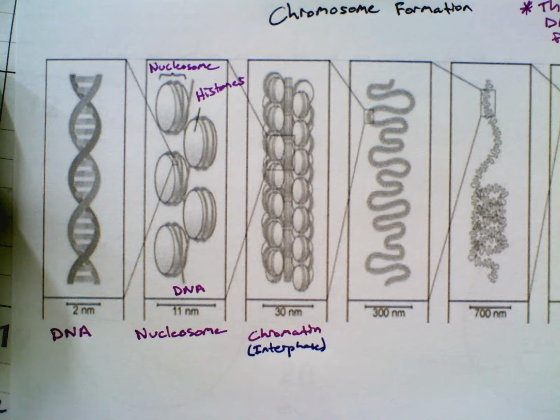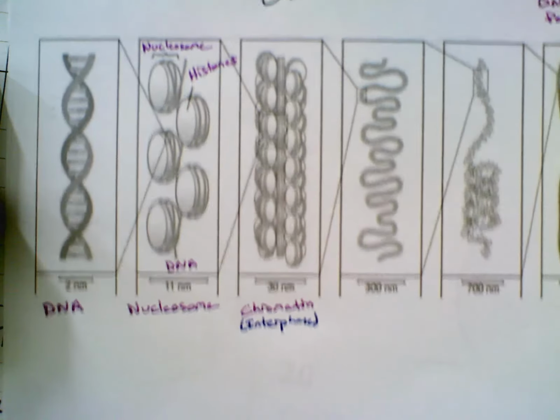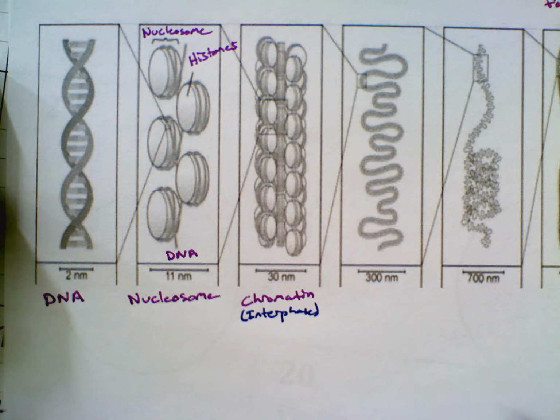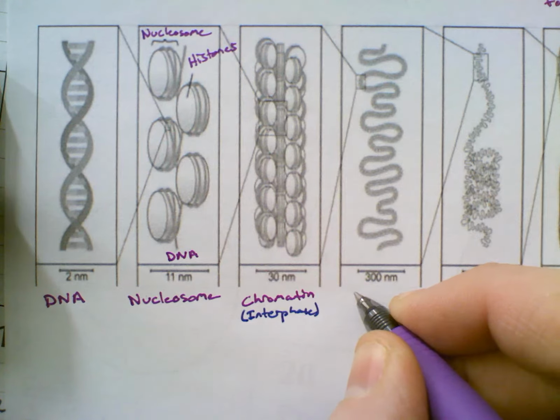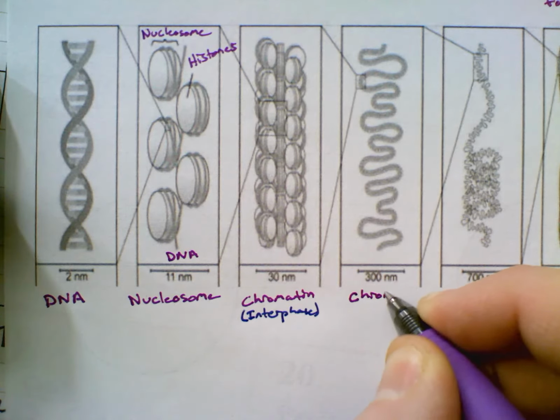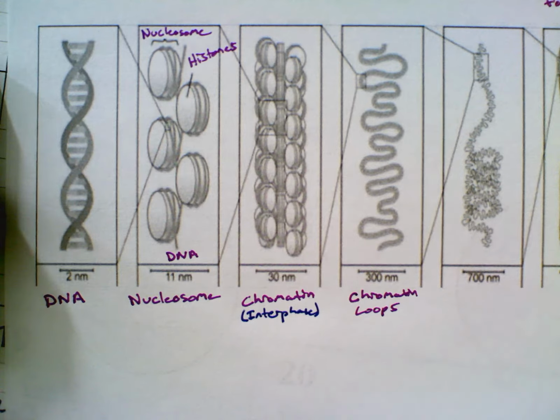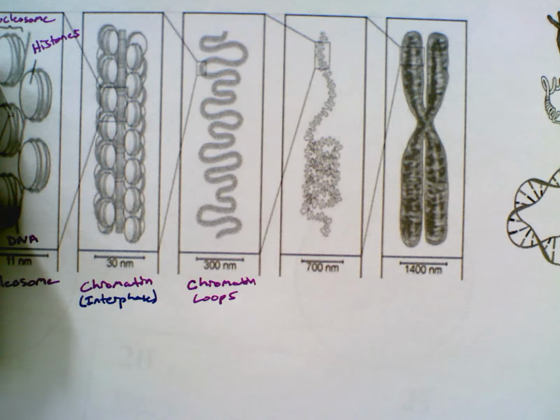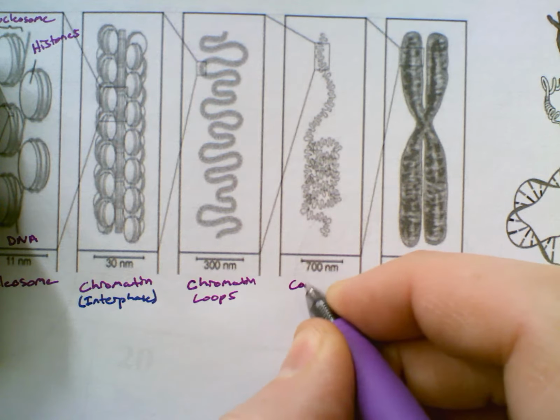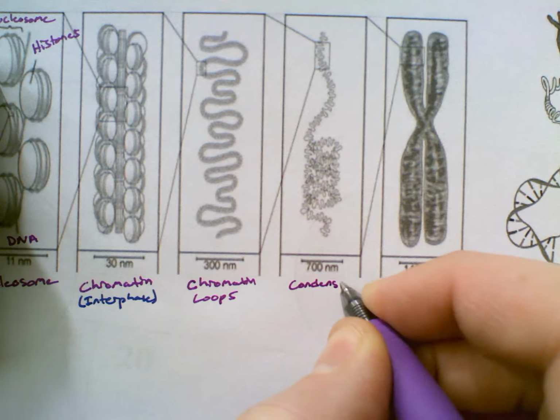Okay, if the chromatin continues to condense, then we will see the formation of chromatin loops. And then it will condense even more, at which point you call it condensed chromatin. I know, right?